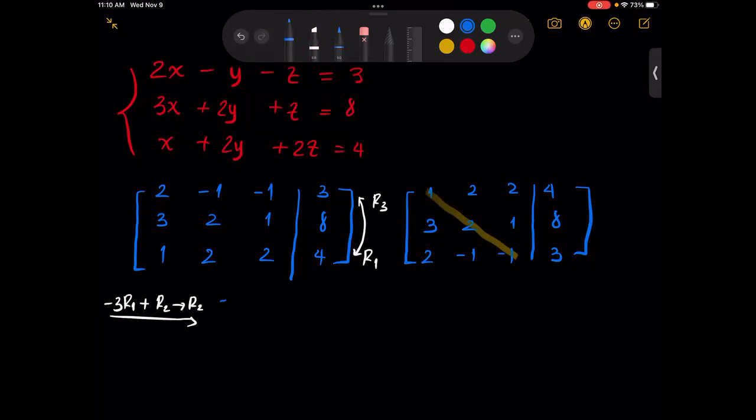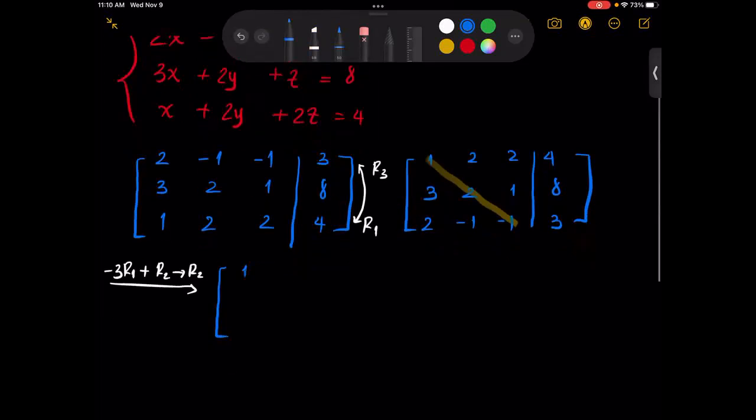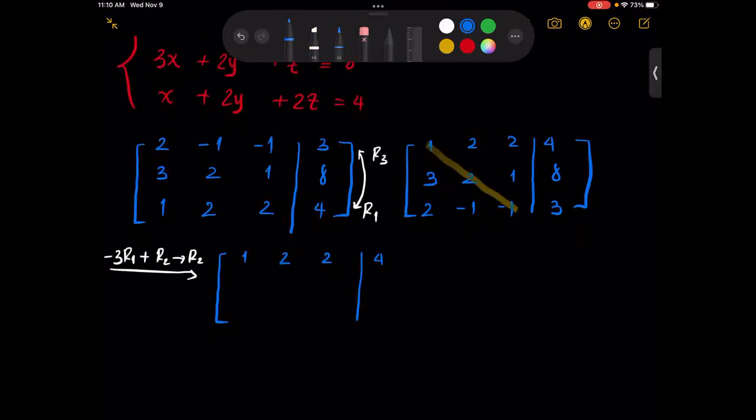The arrow implies which row to change. So let me rewrite the first row: 1, 2, 2, and then 4. -3 times 1 is -3 plus 3 is 0. -3 times 2 is -6 plus 2 is -4. -3 times 2 is -6 plus 1 is -5. -3 times 4 is -12 plus 8 is -4.